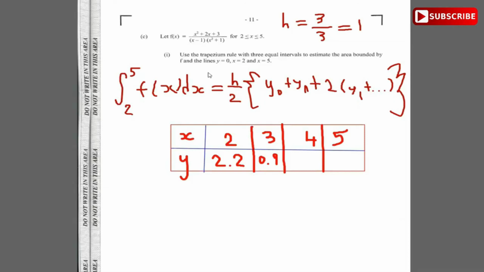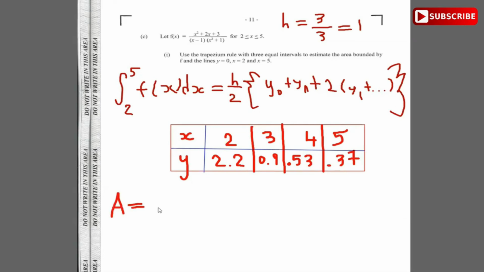I get 0.53. Then I plug in 5, and I'm getting 5 squared plus 2 times 5 plus 3 is 38, divided by 4 times 26, and I get 0.365, so 0.37.